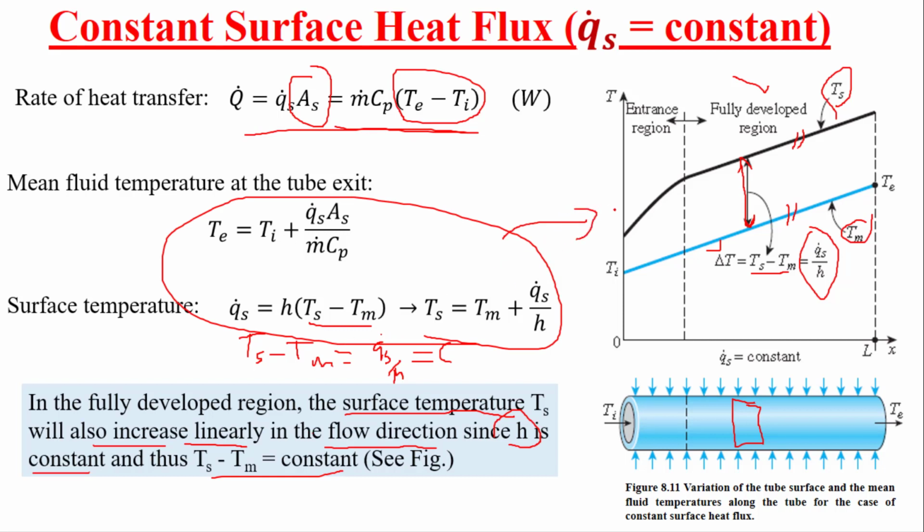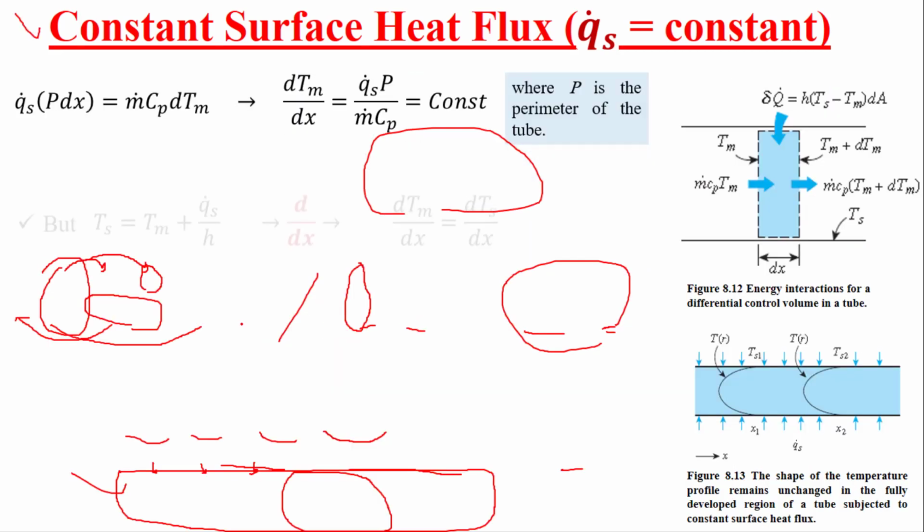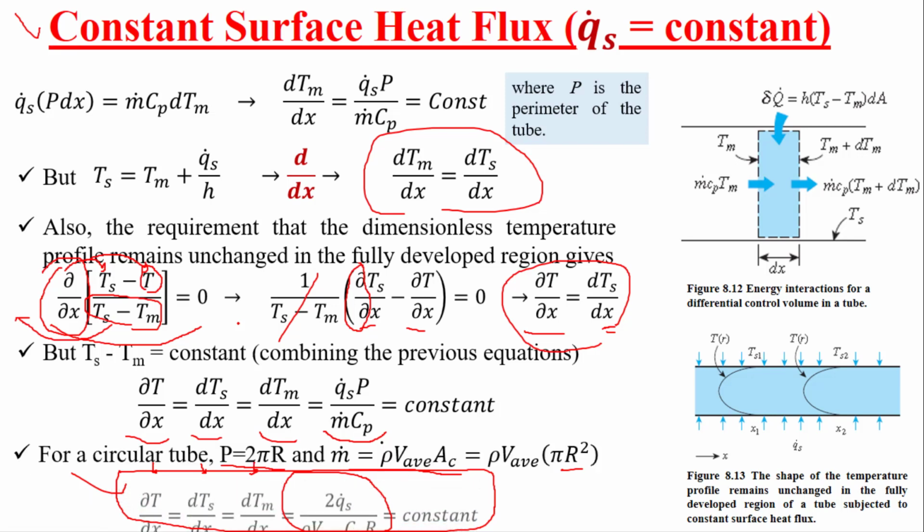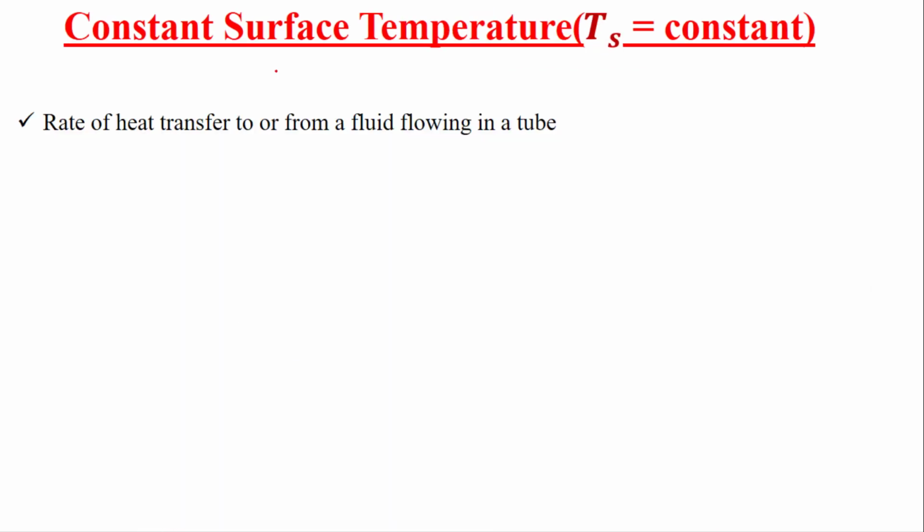So if I ask you to draw the profile for constant heat flux, you will be able to justify why this is linear, why this one is non-linear in this region, and it becomes linear.